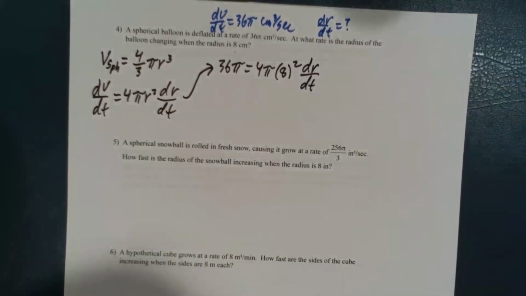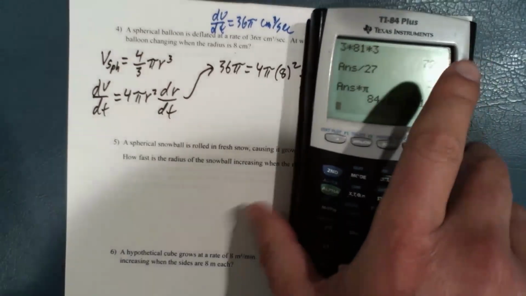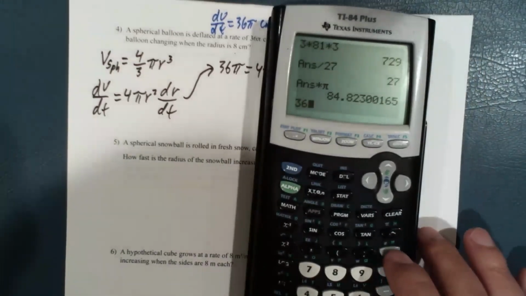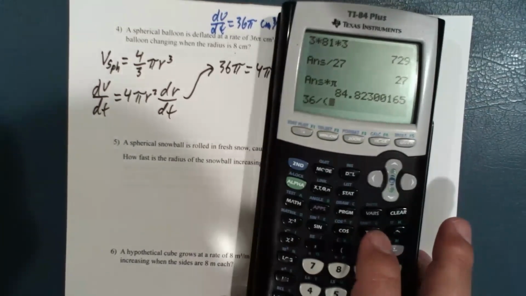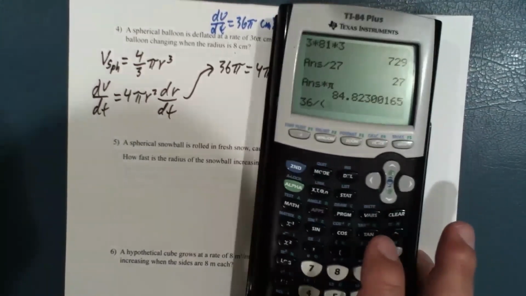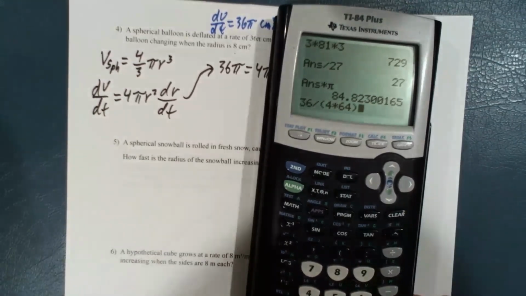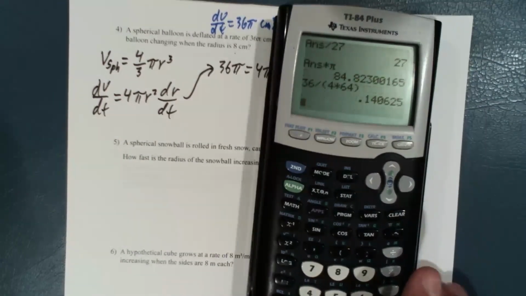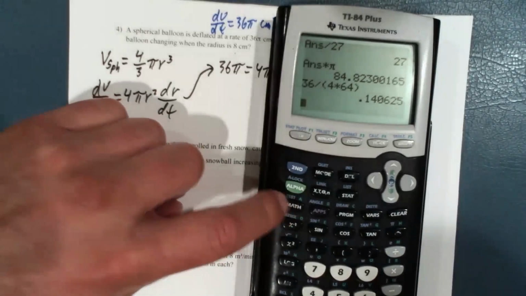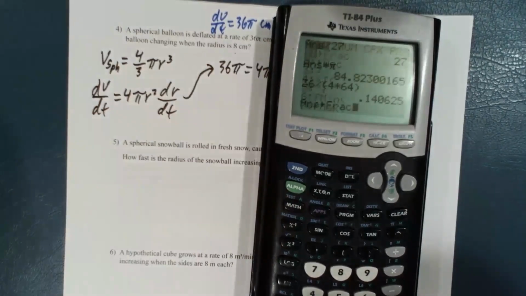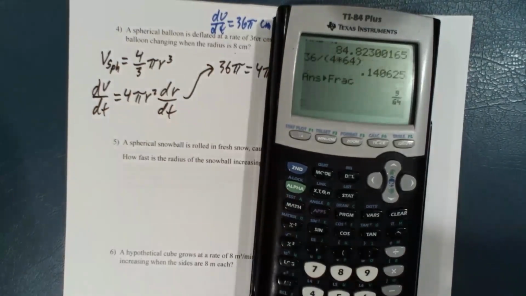That's going to give me 36 divided by 4 times 64. That's going to give me a decimal, but I can convert that to a fraction very easily. I go to this calculator, I go to math and convert to a fraction. There it is, 9/64.